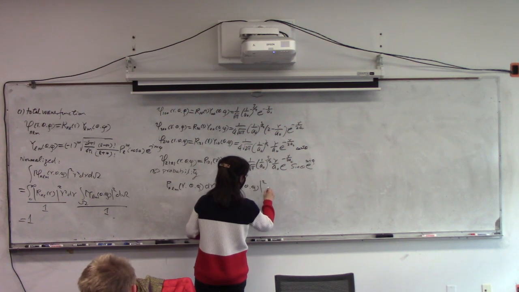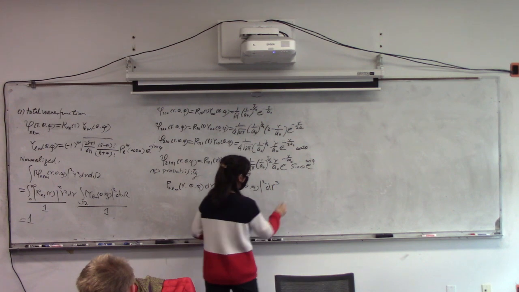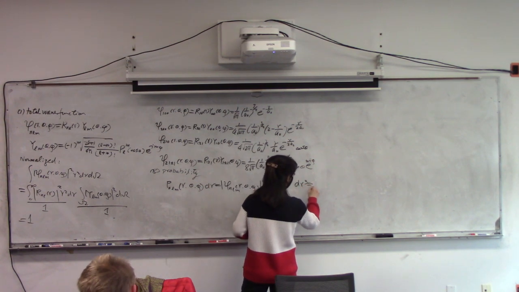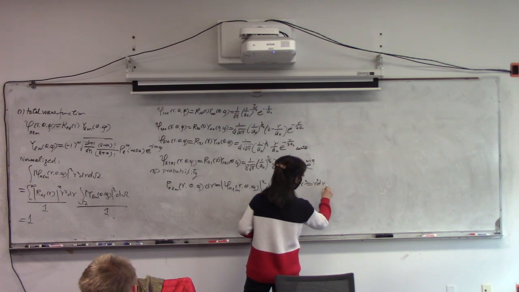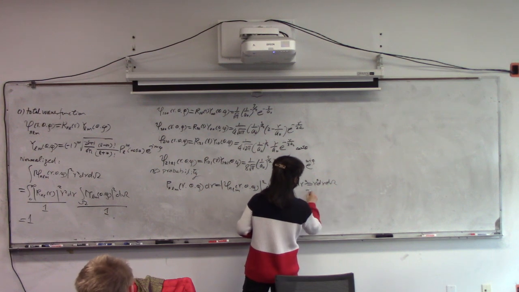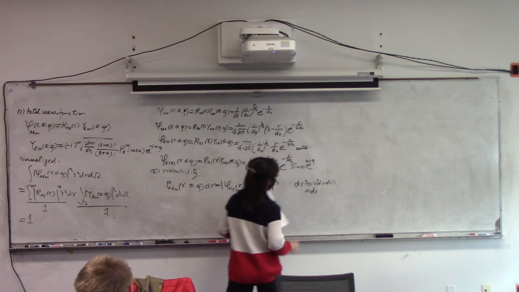And d tau, right? So d tau is r squared dr d omega, which is equal to the volume, right?